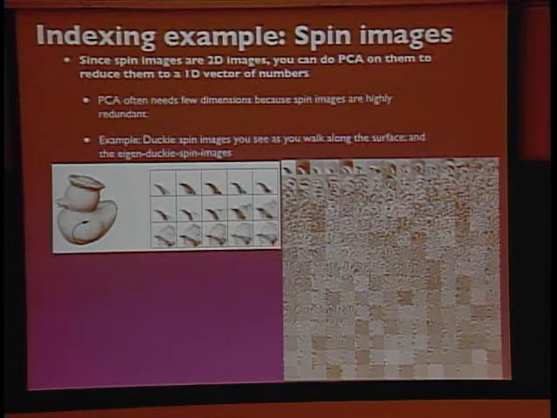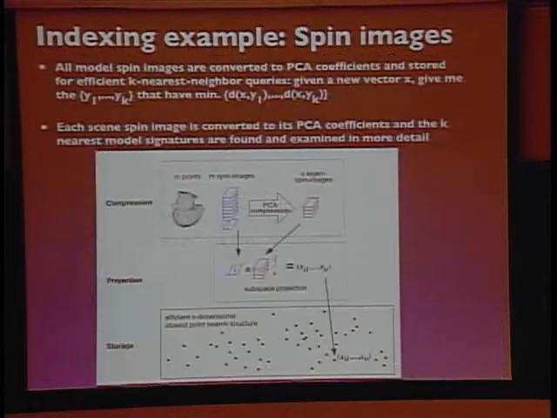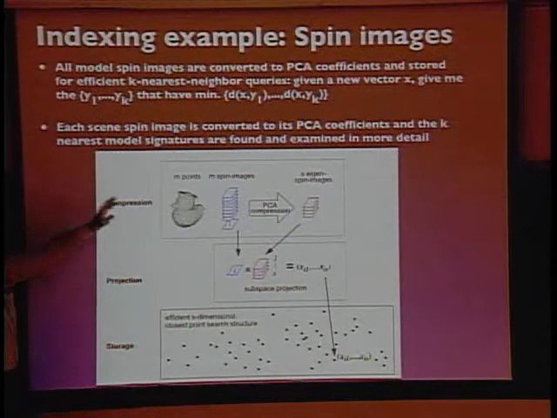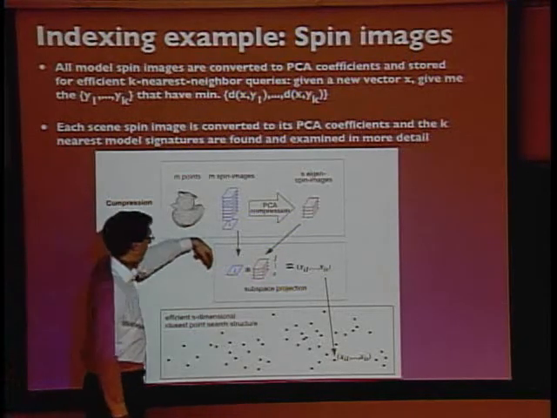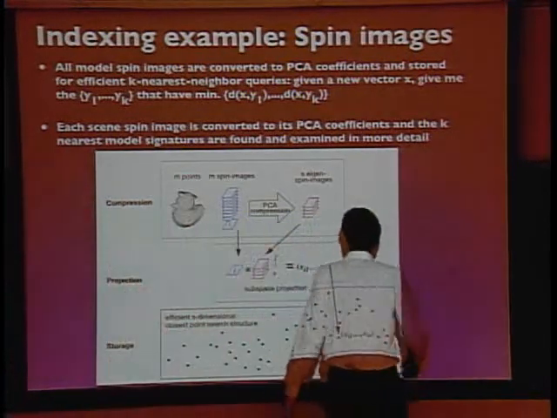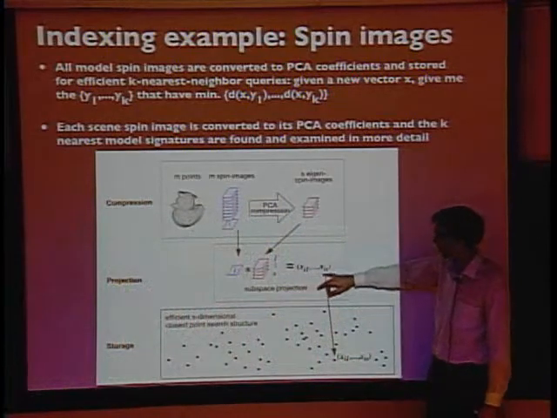eigenspin image coefficients. So then what's going to be the result of this is that you're reducing your two-dimensional spin image to a one-dimensional vector of numbers where that vector is small and only captures the first several principal components of the spin images. Then what you can do with that, after you do this compression, is basically represent, like I said, each spin image in terms of a short vector of numbers.